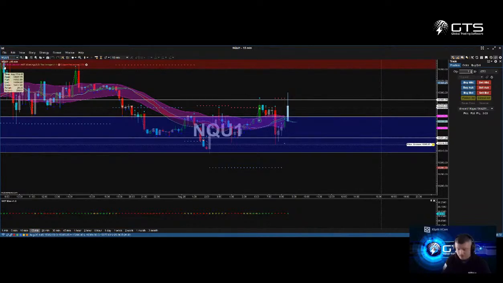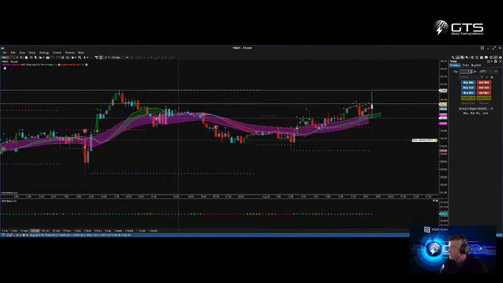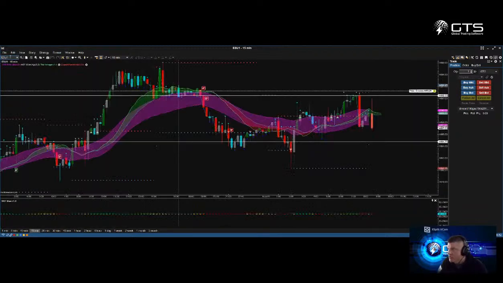So let's look at the YM here, because the YM was pushing up really nicely the last time we visited. Stalled out right there at the resistance at 45. Coming back down. Let's see what the ES is doing. Looking like we could see a trip to the downside today, everyone.